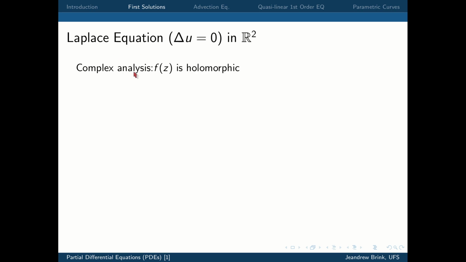So remember, we will be using some results from complex analysis in finding solutions.